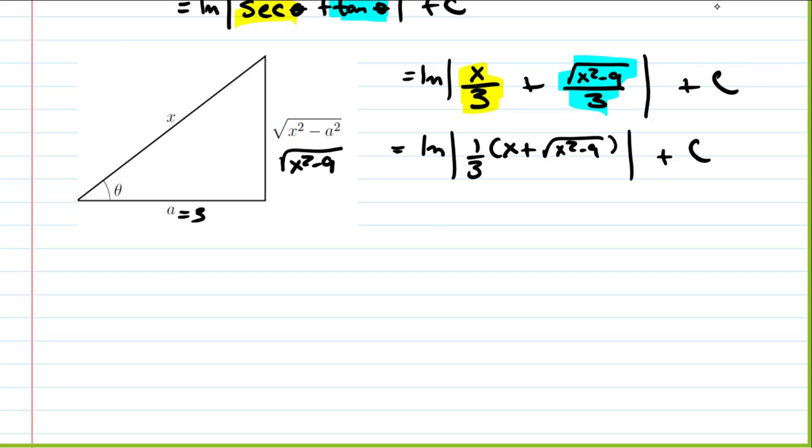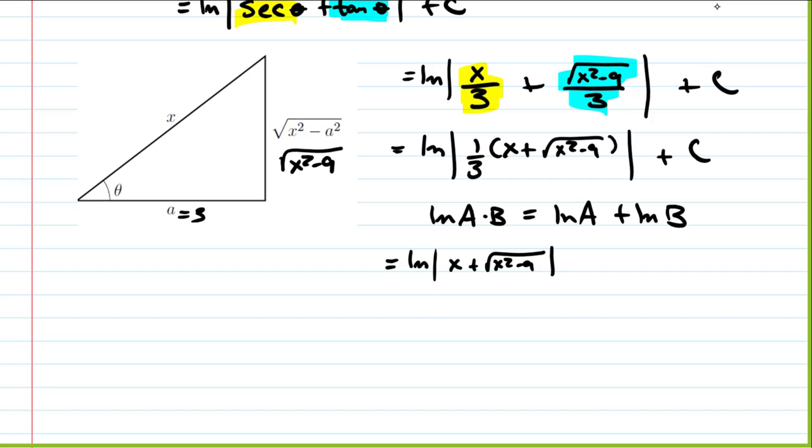By the product rule for logarithms, the logarithm of a times b is logarithm a plus logarithm b. So this would be the natural logarithm of the absolute value of x plus the square root of x squared minus 9, plus the natural logarithm of 1/3, plus c. But this is just a constant, so our constant of integration can just eat it, right?